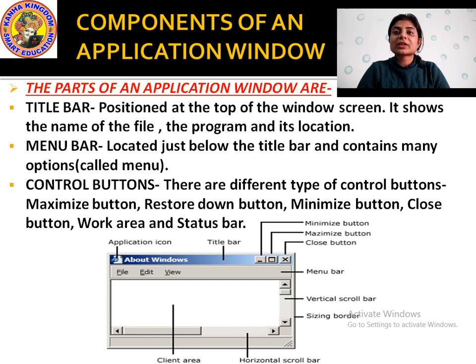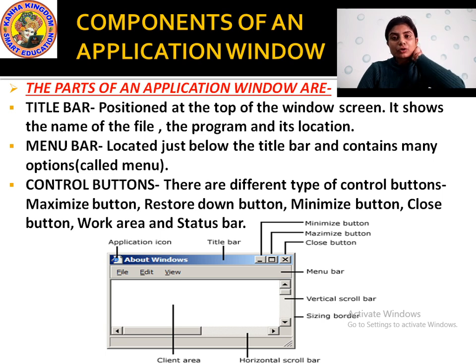You can see in the picture, title bar is about the page or the application that you are working in. Menu bar contains different types of menu. When you want to write, whether you want to save, there are many options that we use while performing any work in the computer.